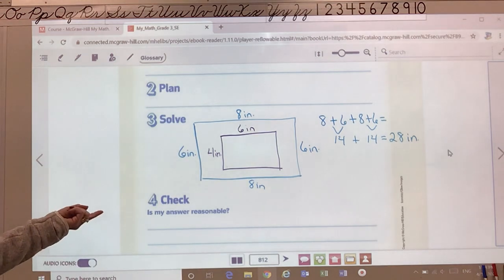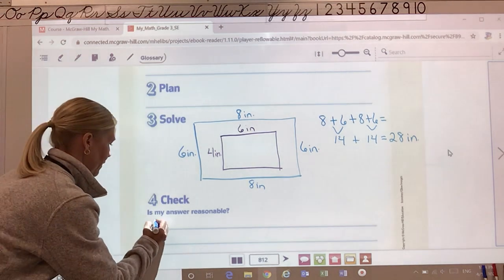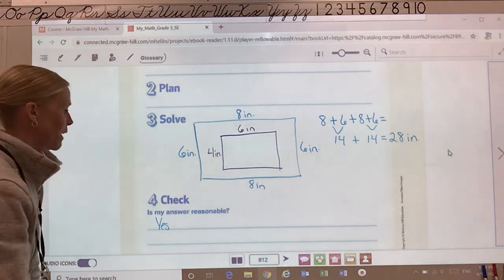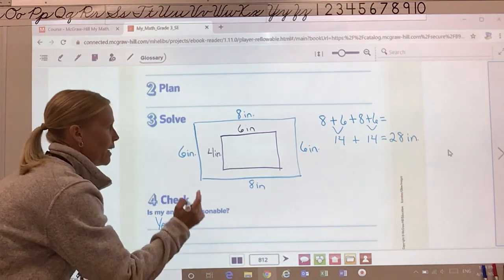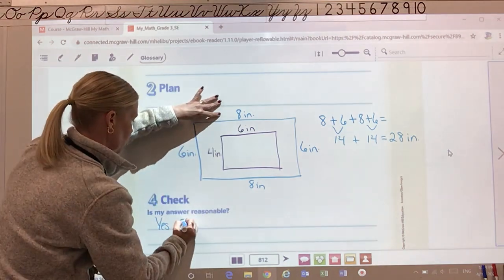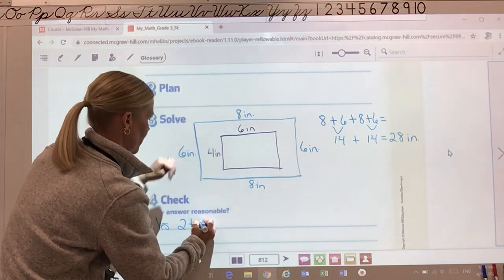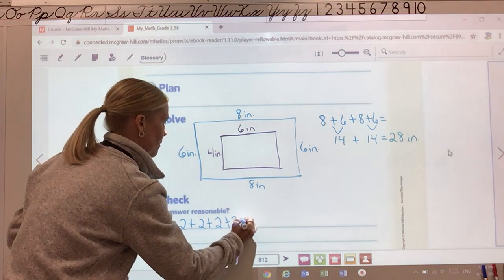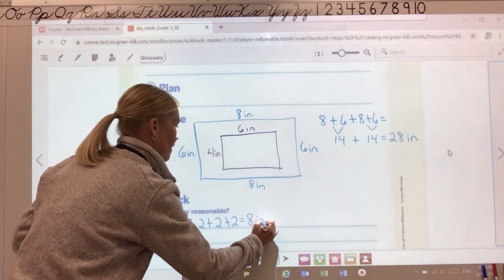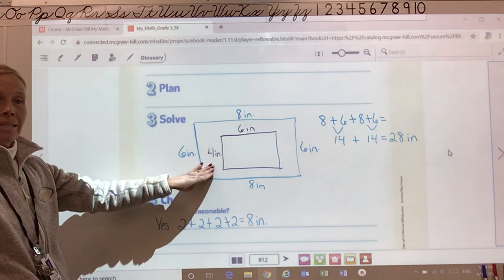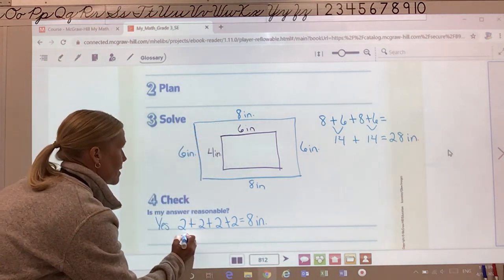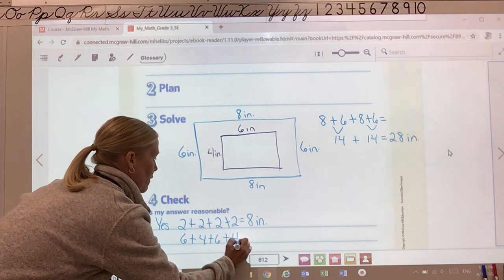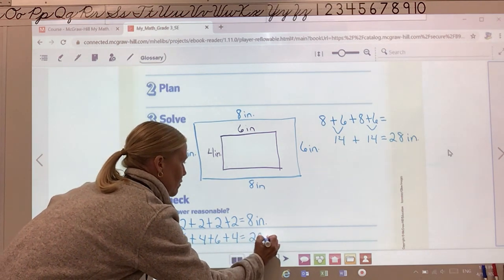Now, is my answer reasonable? Yes, it is, because I can say if I added 2 inches plus 2 inches plus 2 inches plus 2 inches, that was a total of 8 inches that I added to my inside, which was 6 plus 4 plus 6 plus 4 for a total of 20 inches, right?